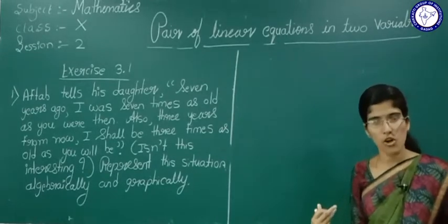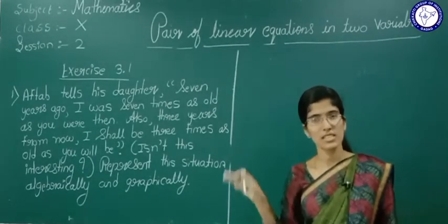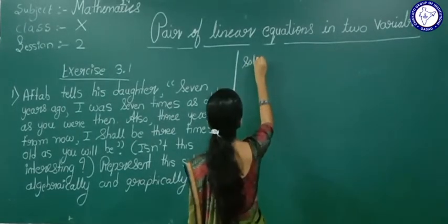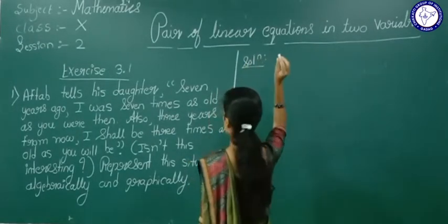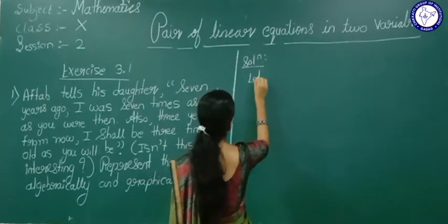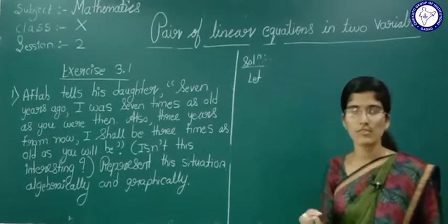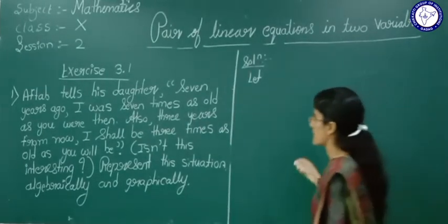How we solved the problem in last class, the same thing we have to do here. So, solution: we don't know the present age of Aftaf and his daughter. We will take it as x and y.